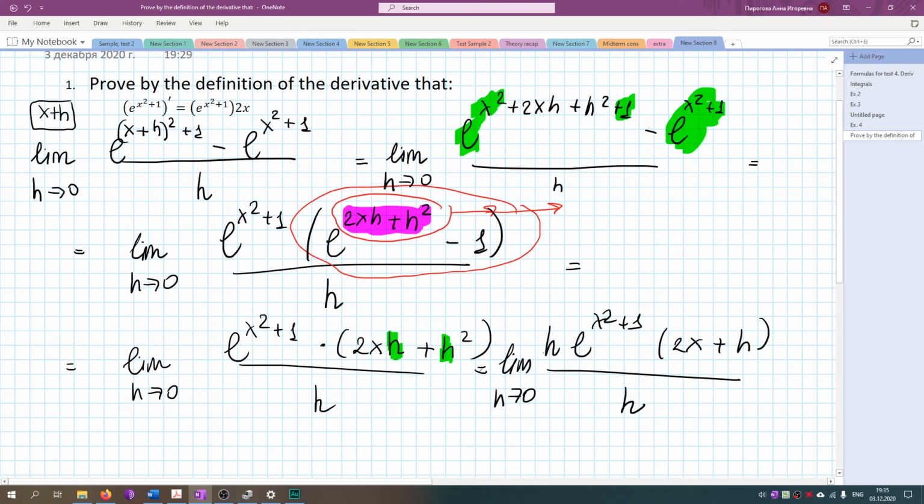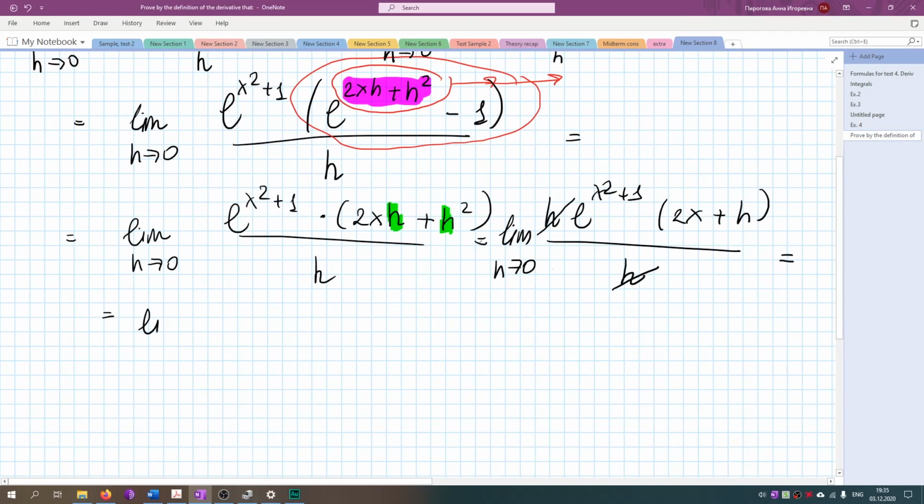And now we can divide both by h. So now our limit will look like this.